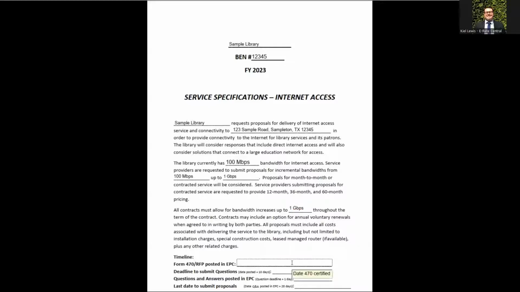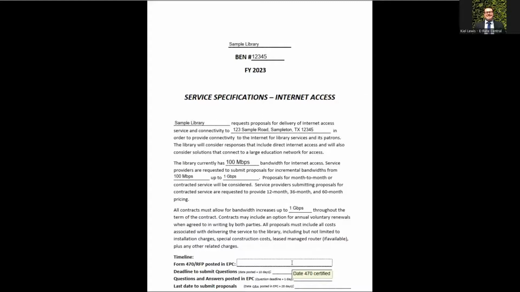At the bottom of this first page, we also have a timeline. This is useful not only to the library, but also to service providers potentially submitting proposals in response to this Form 470.